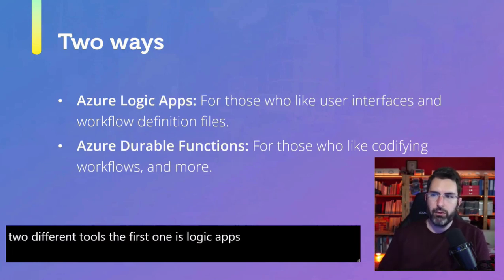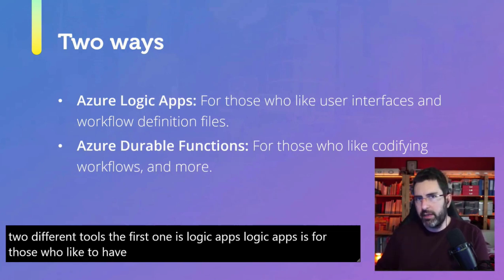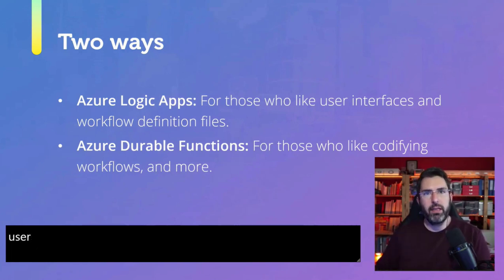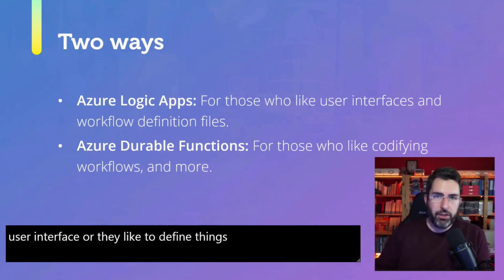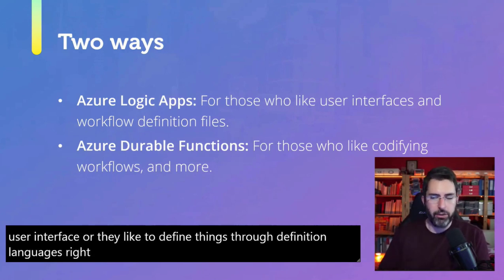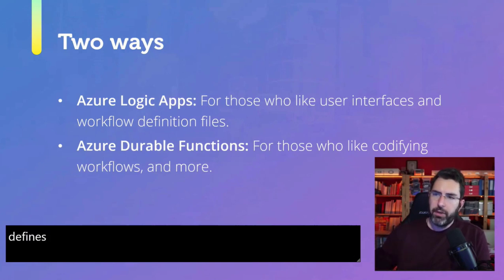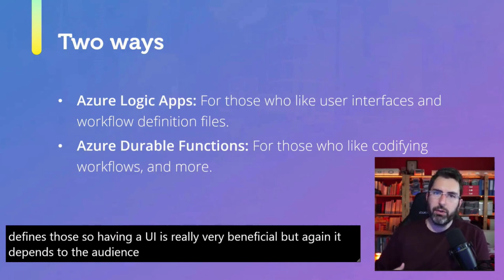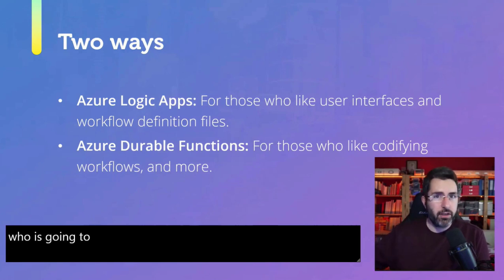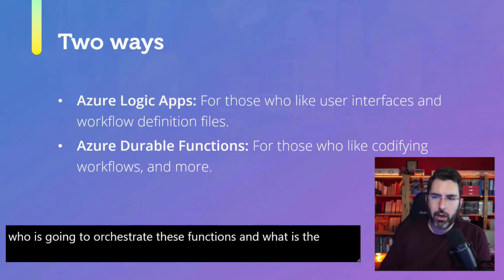Logic Apps is for those who like to have a user interface, or who like to define things through definition languages, markup languages, instead of writing code. So having a UI is really beneficial. But again, it depends on the audience who is going to orchestrate these functions and what the end goal is, and we will talk about that.